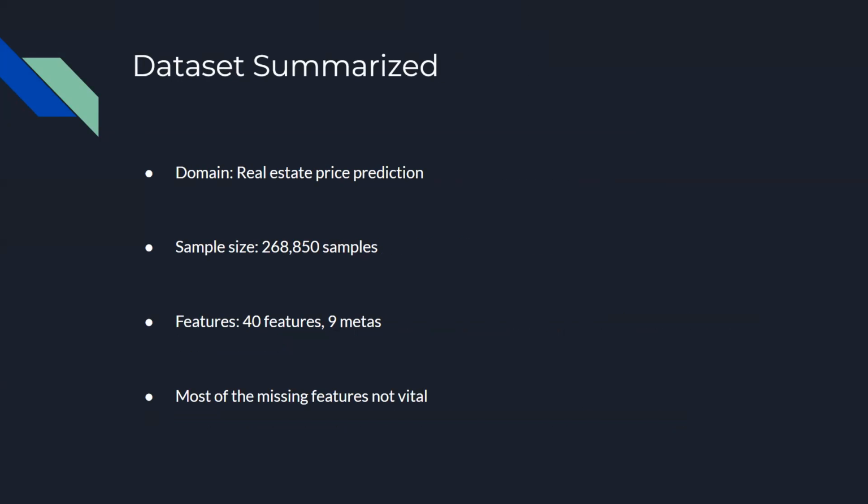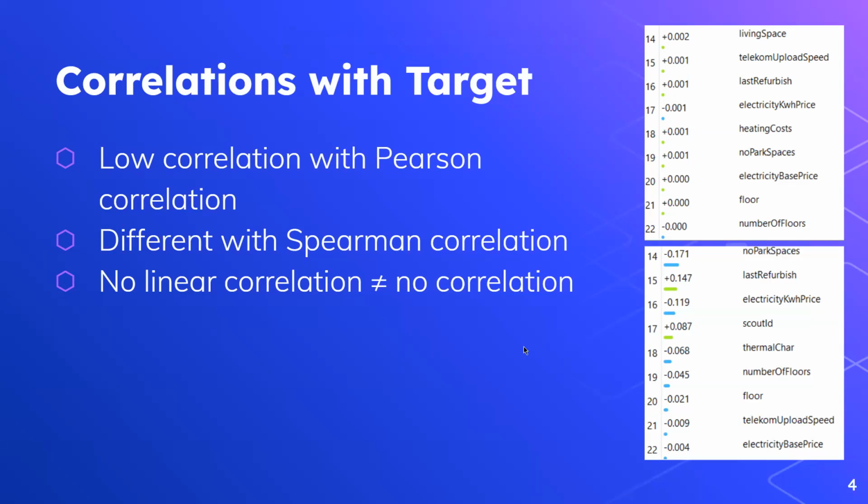This is the summary of our data set. We first looked at the correlations using the correlations widget. At first with Pearson correlation, which explores the linear correlation, it seems that these features have very low correlation.